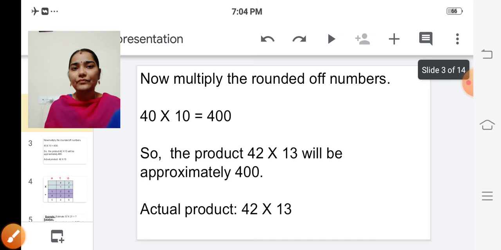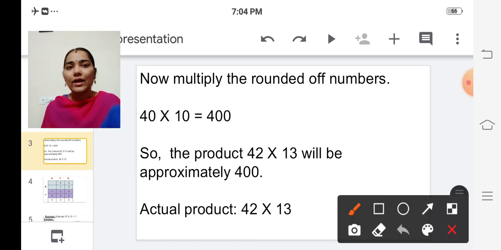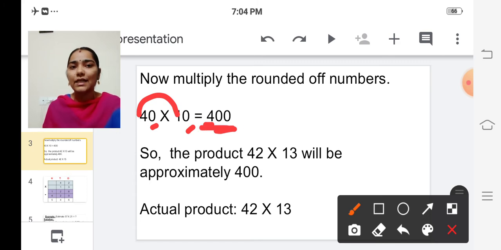Multiply the rounded off numbers, that is 40 into 10. How many zeros are there? 2 zeros, isn't it? So write the 2 zeros, and 1 four is 4. So 40 tens are 400. This is the estimated product.